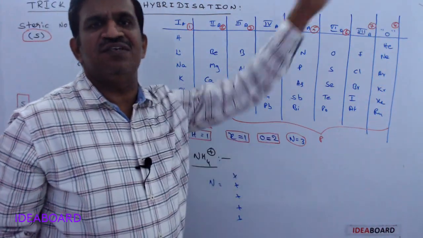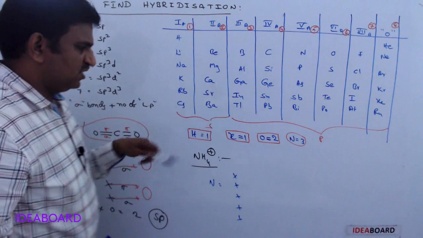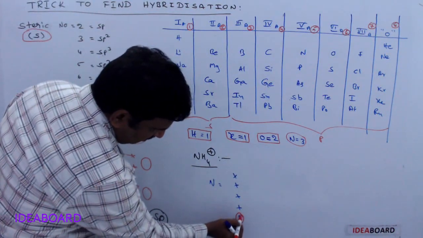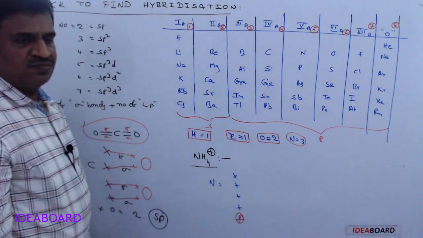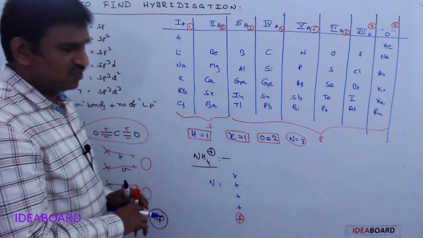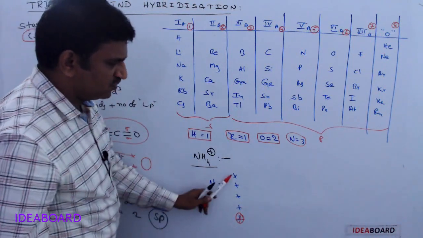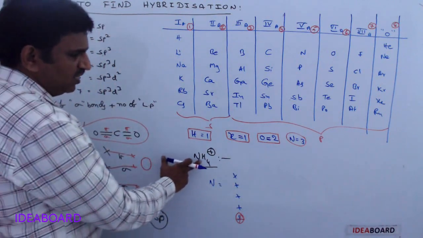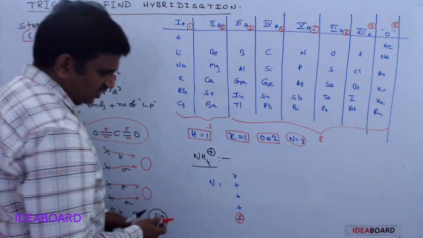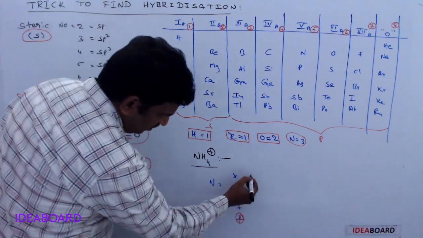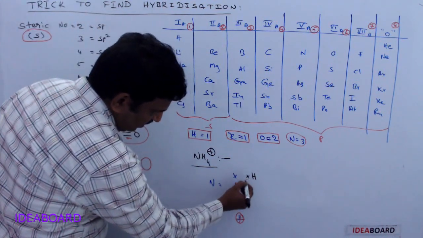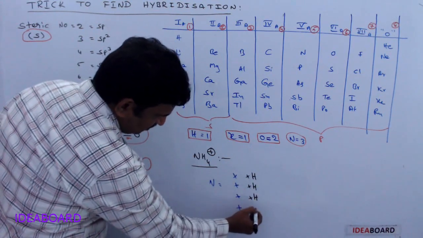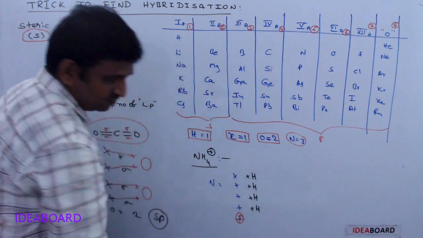That electron is already given, so you don't consider this electron. It is lost by this nitrogen. So how many electrons does it have? Only 4 electrons. Next, what are the bonded atoms? Hydrogens. So how many hydrogen atoms do we have? 4.